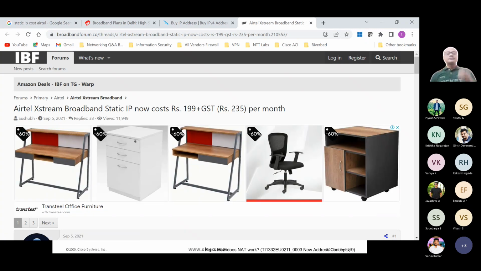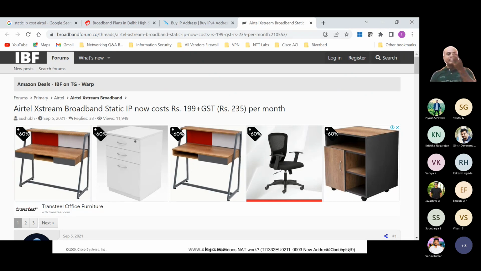Okay, what is this, guys? What kind of IP address is this? If I pay this 235 rupees per month, can I get internet? No, you will get only the IP address, not the internet, right? Swati, Soundarya and Amanda, please tell me this answer.